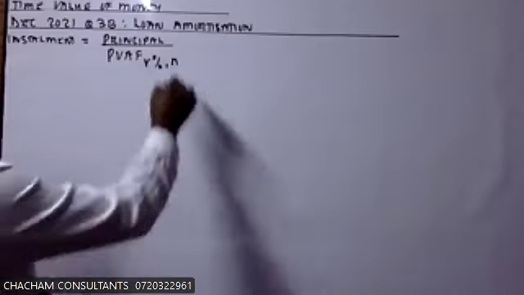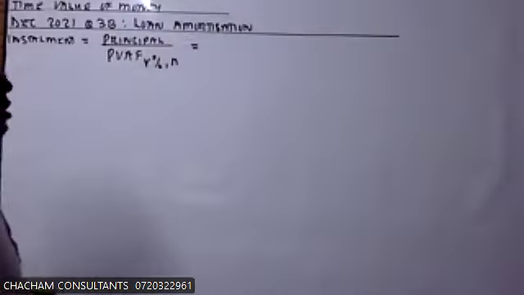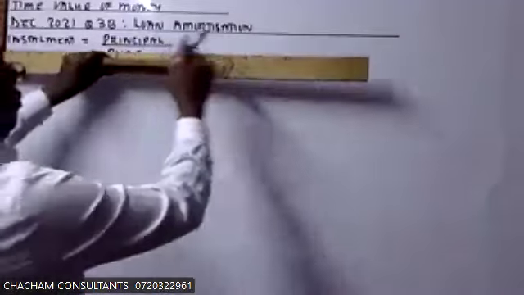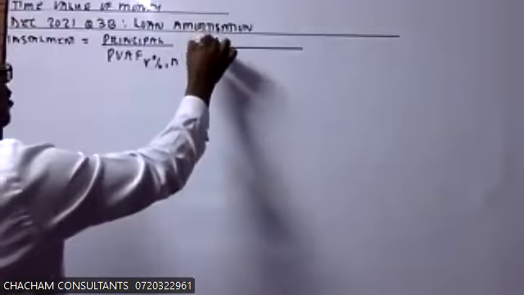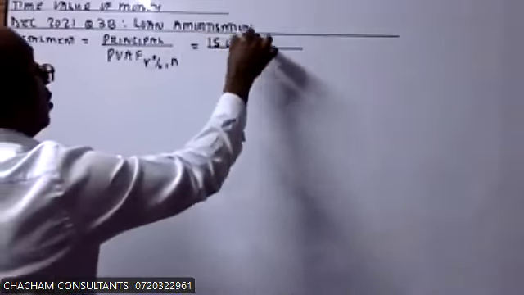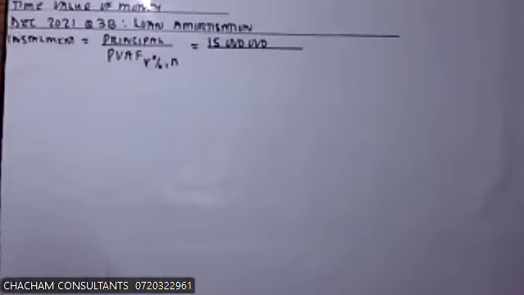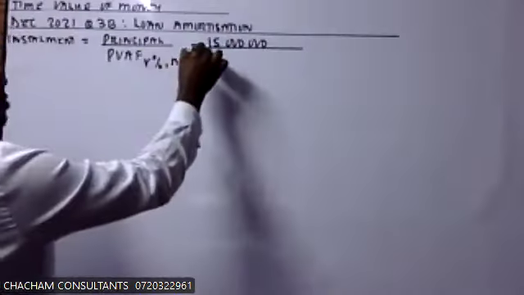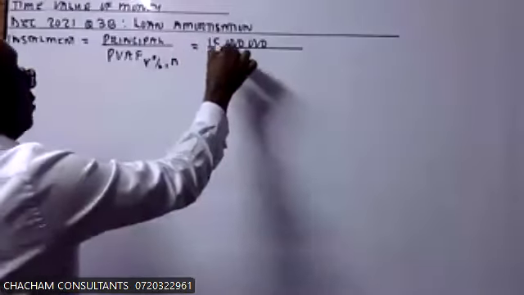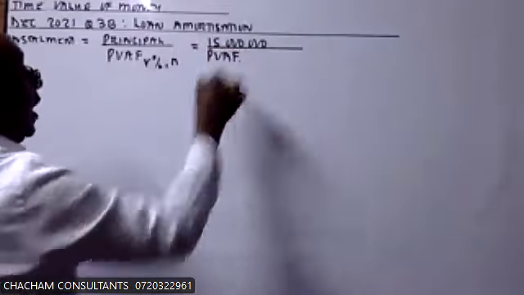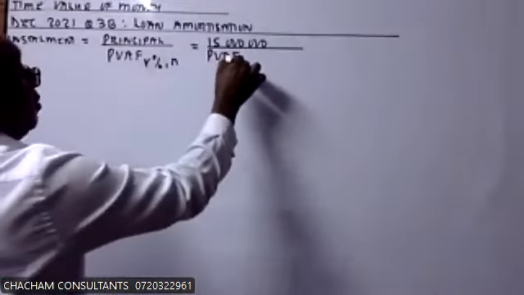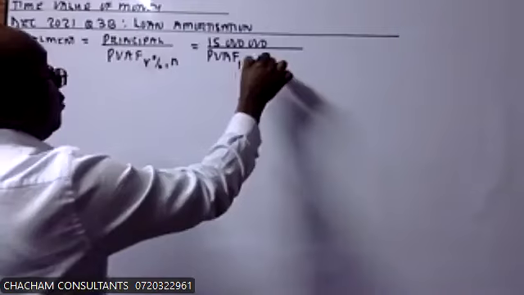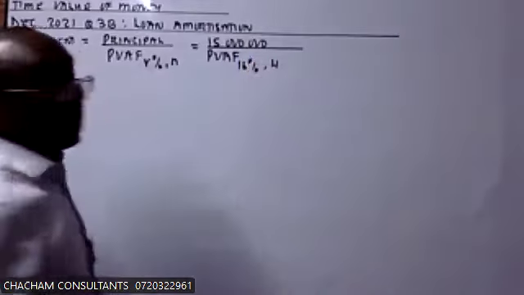In our question here, our principal is 15 million, the amount that has been borrowed. So we go to the table, the PVAF at 16% for 4 years.